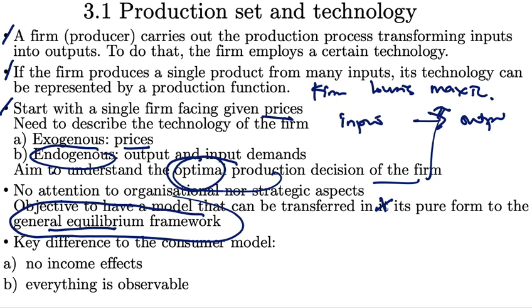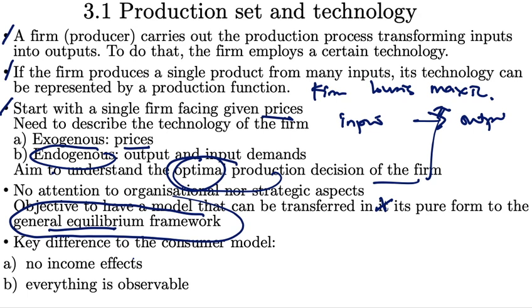Now, what's the difference between the production theory and the consumer model that we learned earlier? In the production theory, we don't learn about income effects. And furthermore, what is more interesting is that the consumer doesn't have enough information about the characteristics of the product, because the consumer just consumes and is not producing the product.